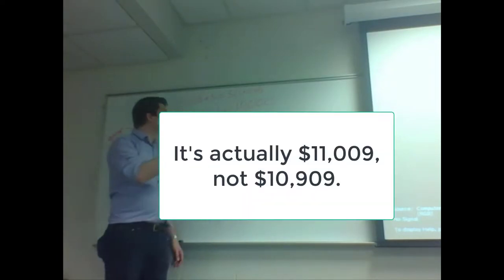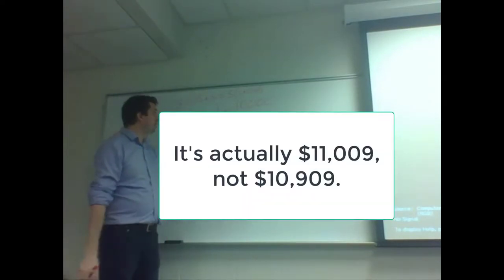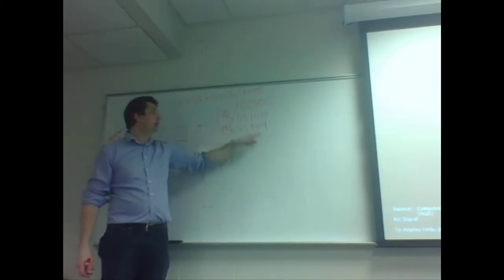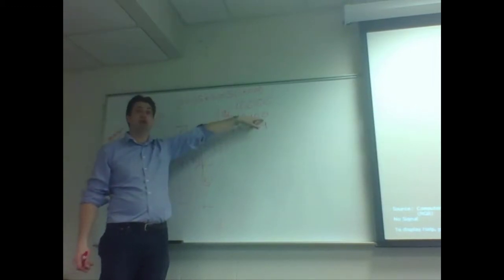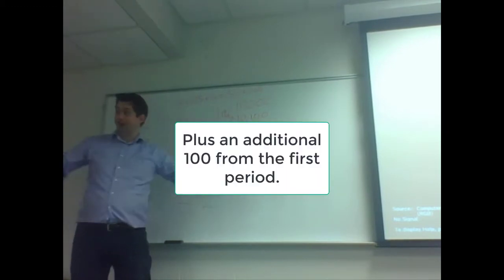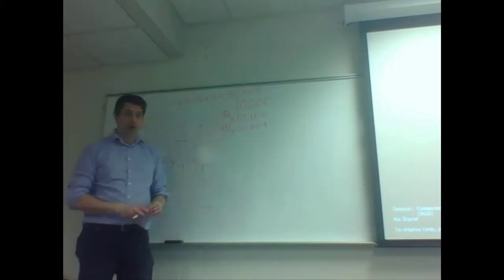And that makes sense, right? Because that $900 came from the $10,000 right here, and that $9 came from this $100 right here. You earn interest on the interest. That's compound interest. That's the power of compound interest.